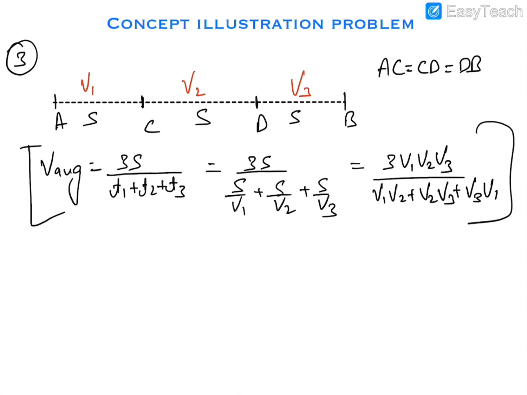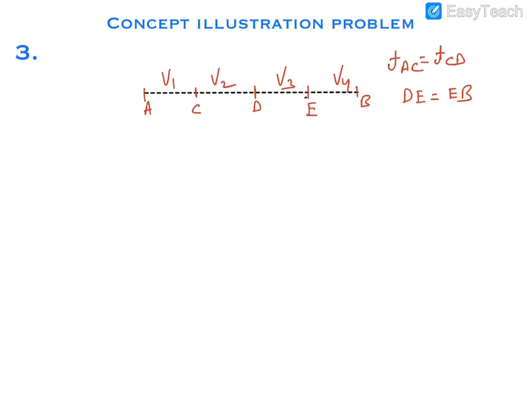Okay, now in this case you can see that the object has to travel from A to B, and the complete journey is divided into 4 parts in such a way that it travels with the speed v1 and v2 for equal time.